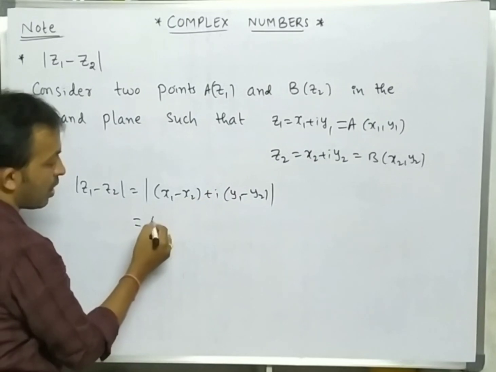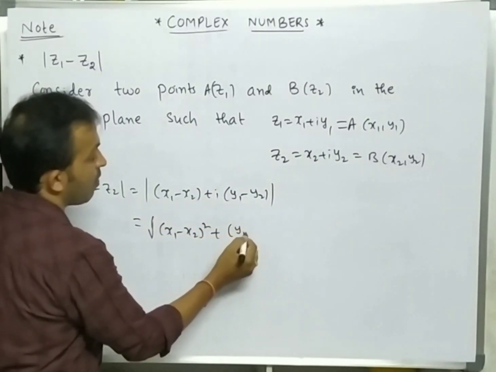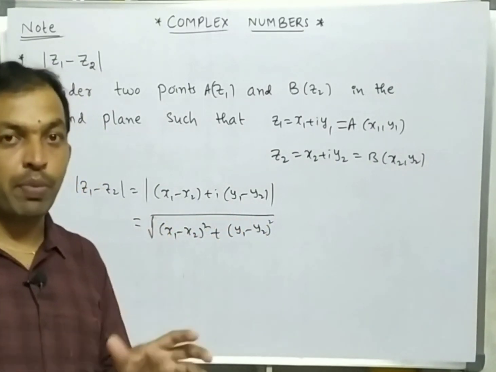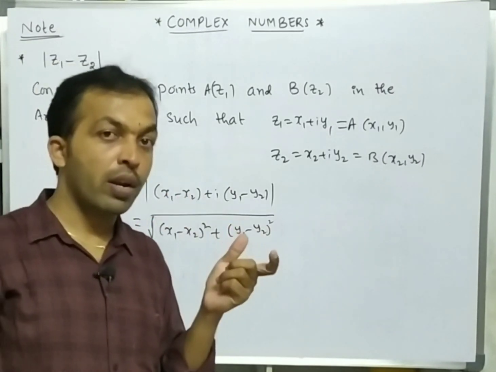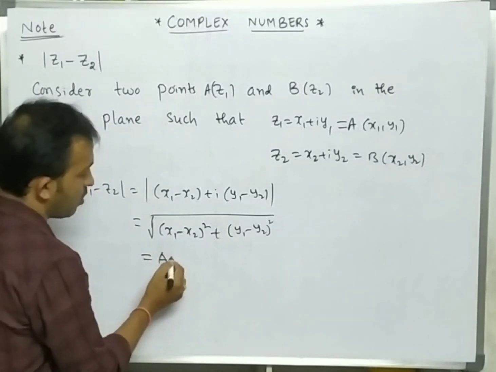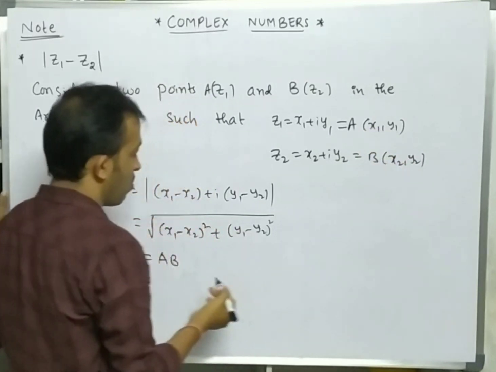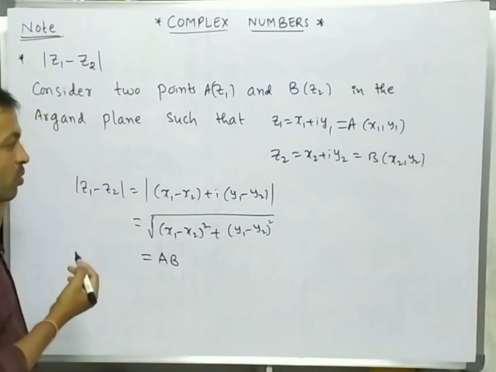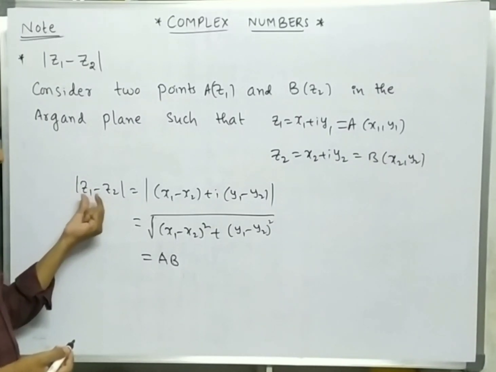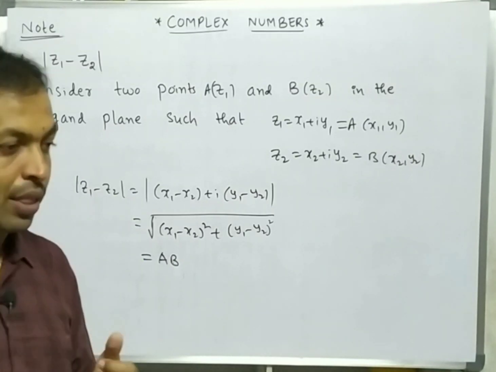So the modulus of this complex number is the square root of (x1 minus x2) whole square plus (y1 minus y2) whole square. What does it represent? In coordinate geometry we have learned that this represents the distance between the two points A and B. Therefore, in the complex number system, modulus of z1 minus z2 represents the distance between two points.